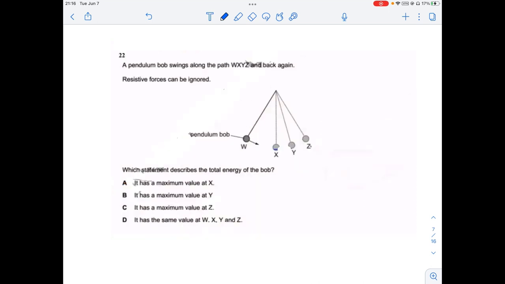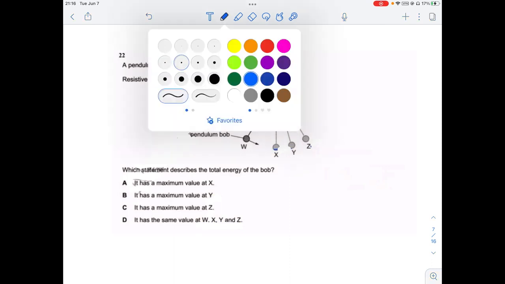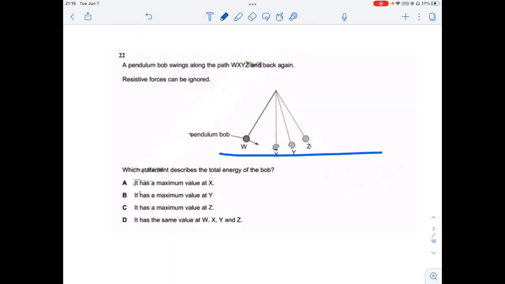Now coming to question number 22, a pendulum bob swings with a path W, X, Y, Z and back again. The resistive forces are ignored. Which statement describes the total energy of the bob? So whether it is W, X, Y or Z or all three. For example, I draw a reference line over here.